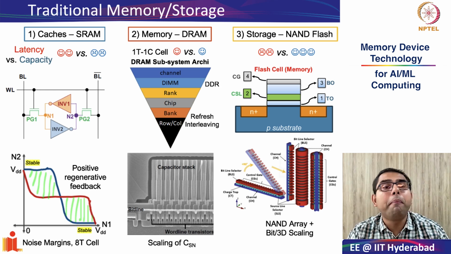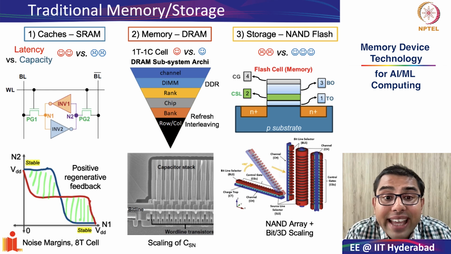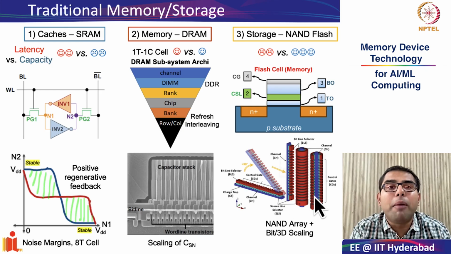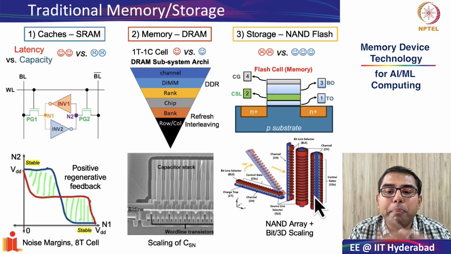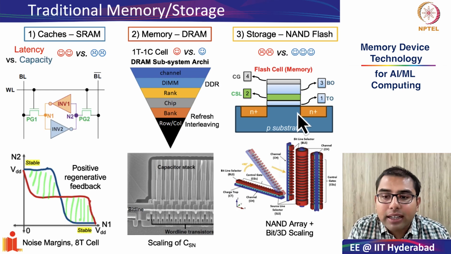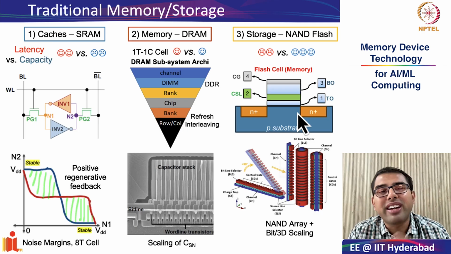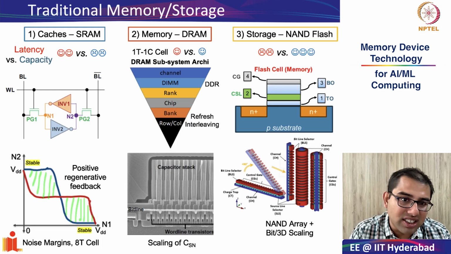The third important aspect was bit scaling, and as you can see, 3D scaling. All of these combine to give you the very high bit density. But of course, what we saw was all these factors give you non-volatile storage with very high bit density, but it comes really at the cost of very poor latency.